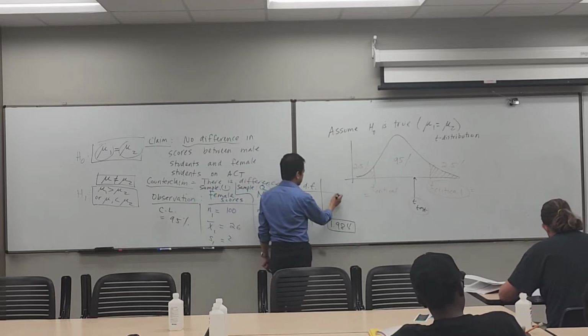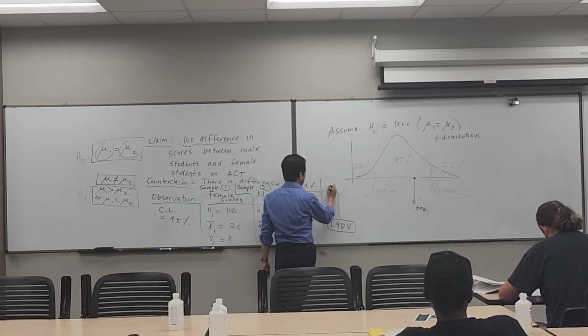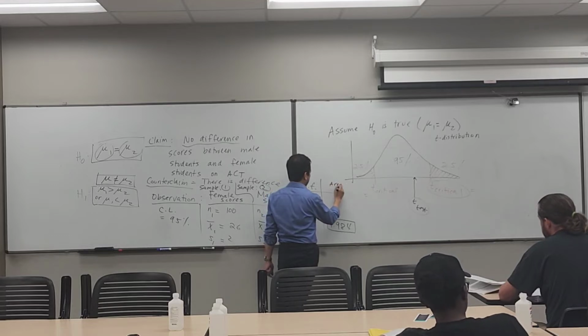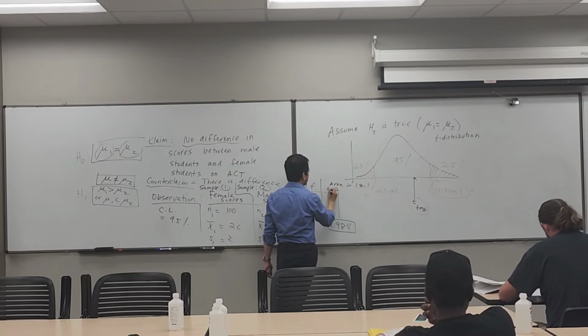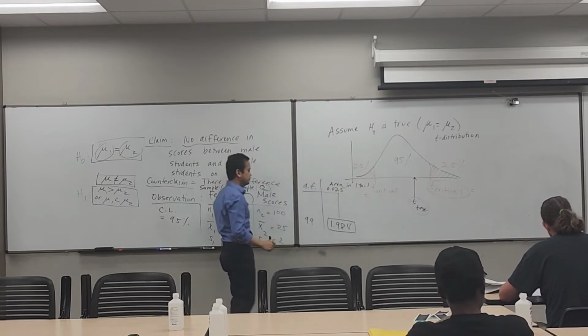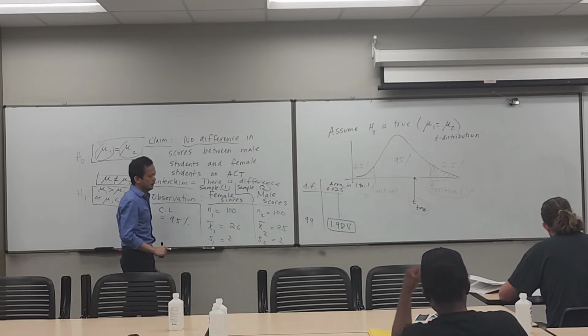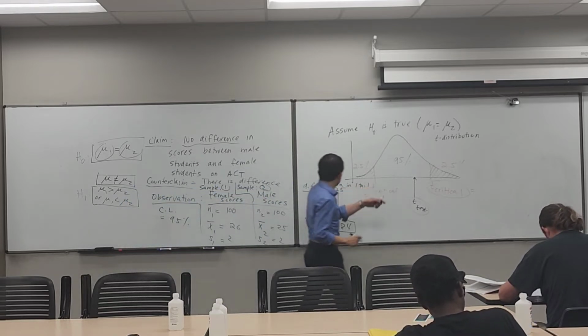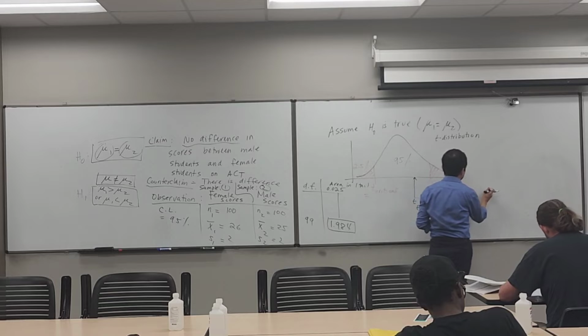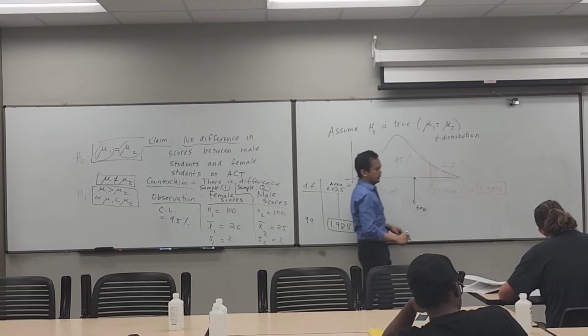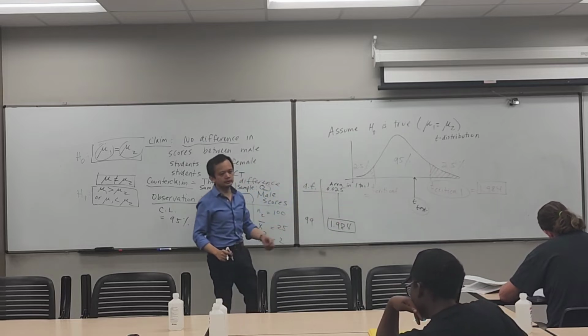Yeah, and this is area in 1 tail as 2.5%, 0.025. So t critical will be 1.984. So that's a critical statistic that you get from a table.